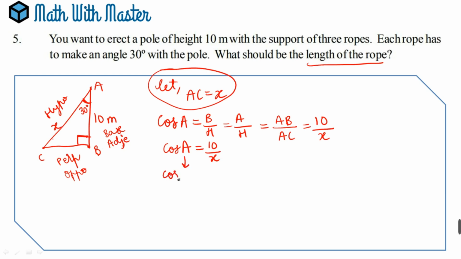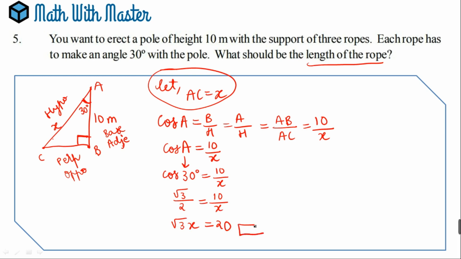So instead of angle A, we can write cos 30 degrees is equal to 10 upon X. So what is cos 30 degrees? It is root 3 by 2, which is equal to 10 upon X here. So root 3 X is equal to 20, and then the value of X will come 20 upon root 3.